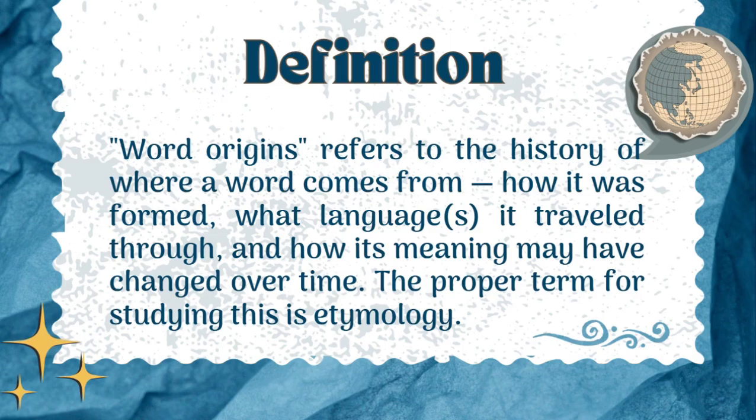The definition of word origins refers to the history of where a word comes from, how it was formed, what language it traveled through, and how its meaning may have changed over time. The proper term for studying this is etymology.